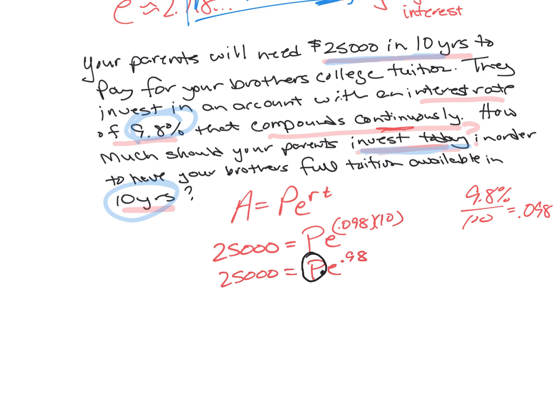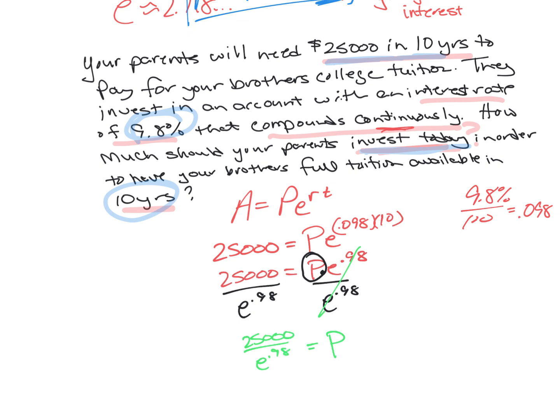So P times e, the inverse of multiplication is division. So I'm going to divide by e^0.98. And when you're doing that, remember anything divided by itself cancels out. So we end up with P equals 25,000 over e to the power of 0.98.